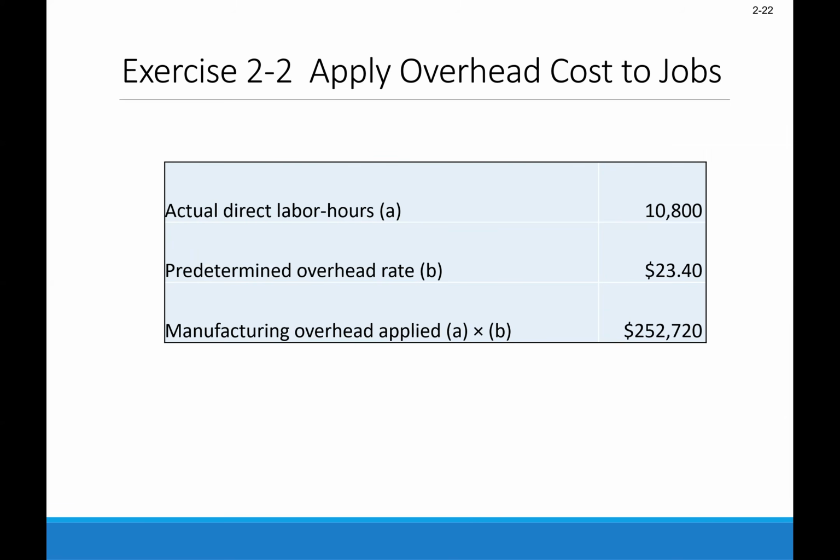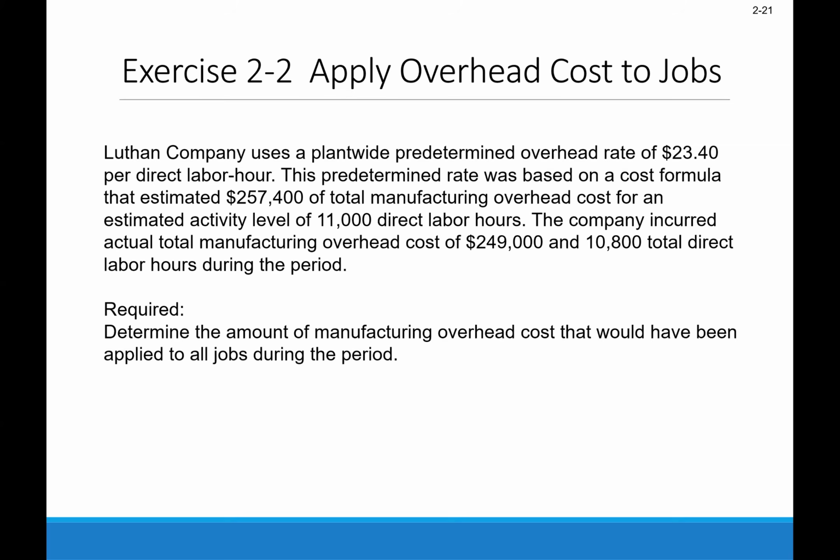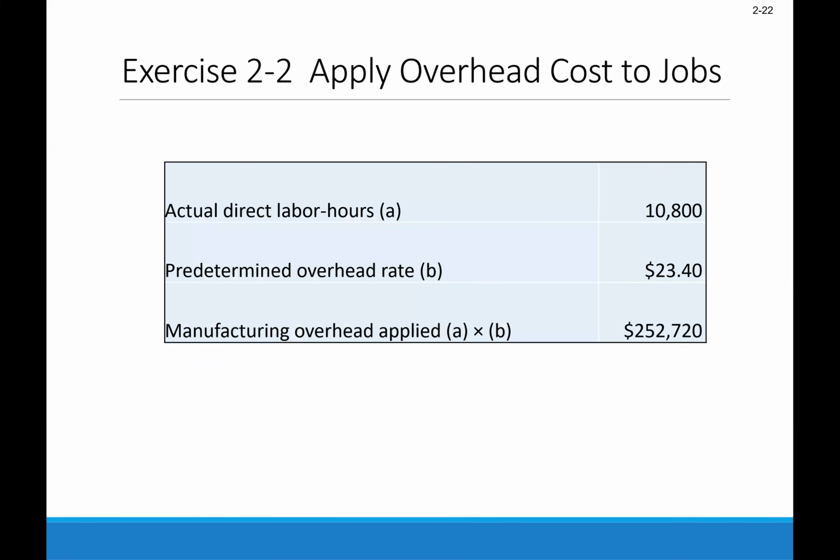So we apply that predetermined rate based on actual direct labor hours, which means we would have applied $252,720 to the jobs during the period. Now you see the real cost they know after the fact is $249,000. But what we truly applied is $252,720. So we over applied, but we don't know that. We're doing the best we can.